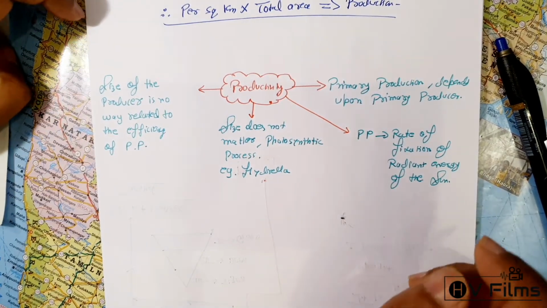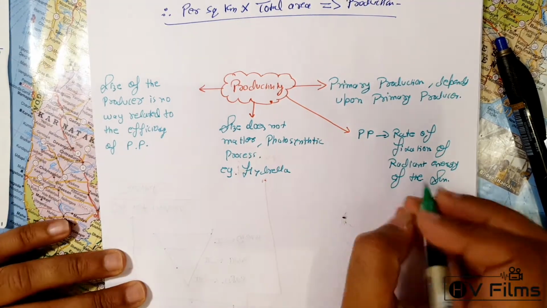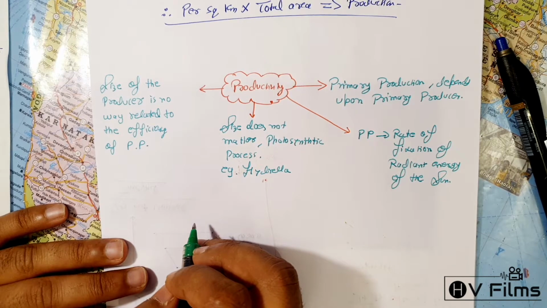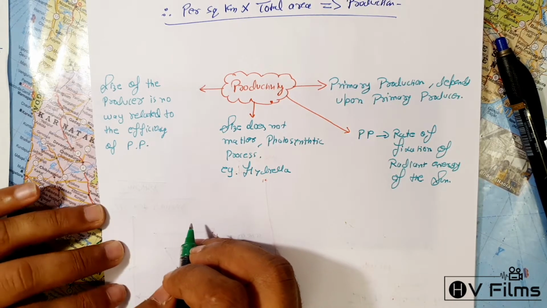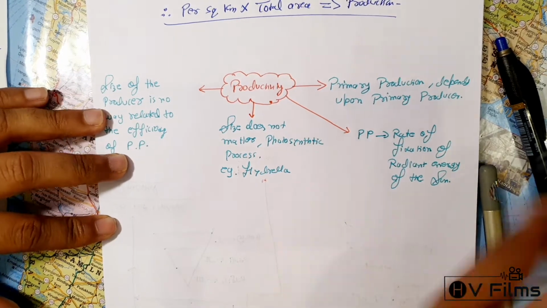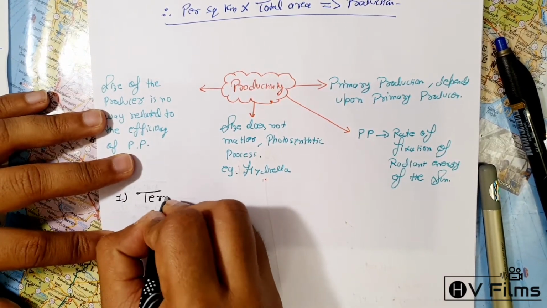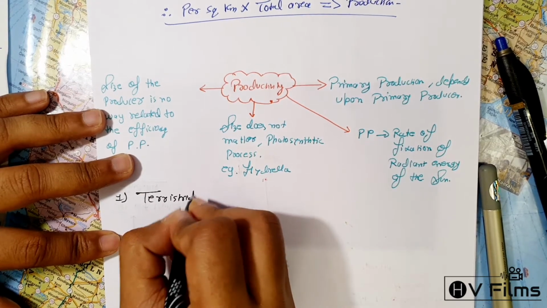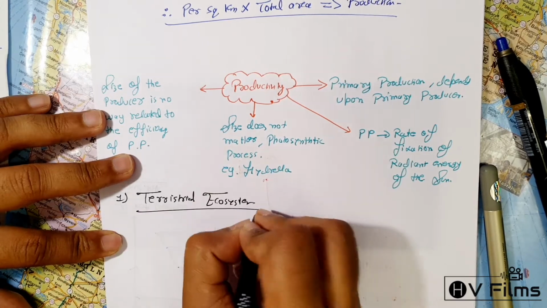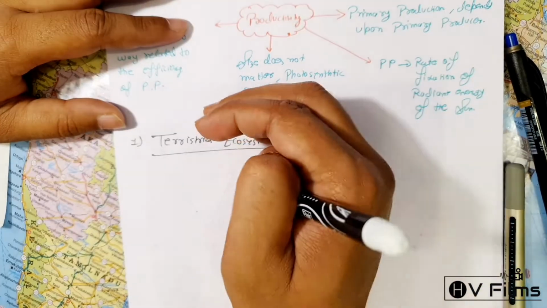Now on the basis of that, we will study the different areas and different surfaces of our ecosystem on the basis of productivity. So for example, first one, the terrestrial ecosystem. We'll start from the highest to the lowest.